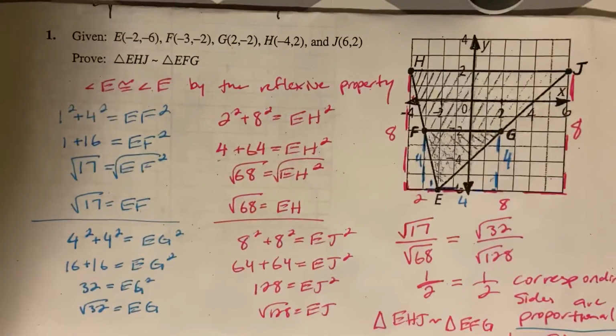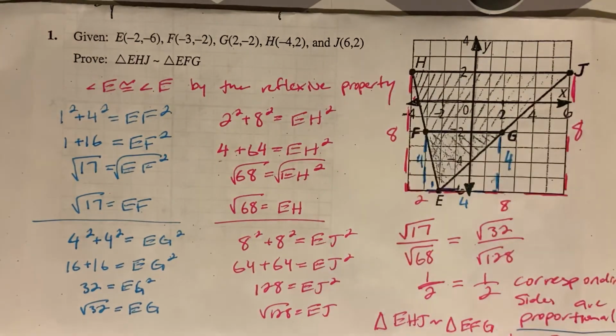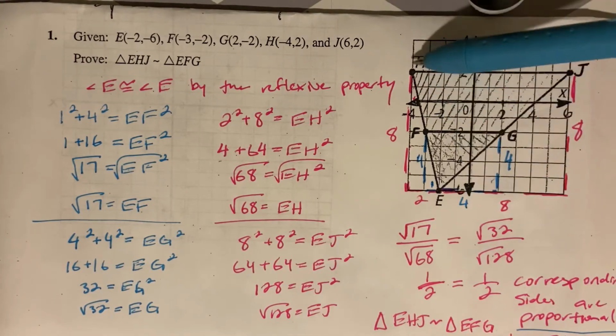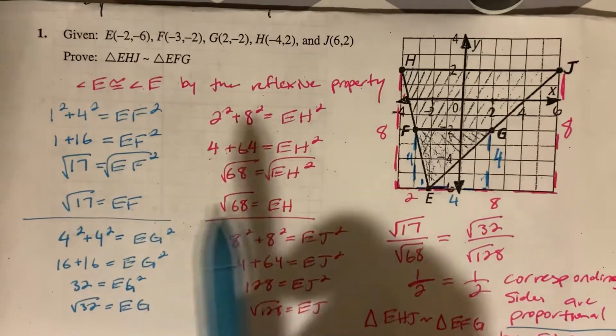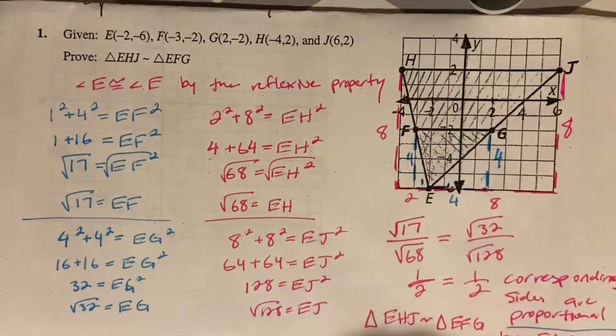So again, just to recap really briefly, first, I'm saying that angle E is congruent to angle E by the reflexive property. Then I have to prove that the sides on either side of angle E are proportional. So I find the distance of each side by using the Pythagorean theorem.